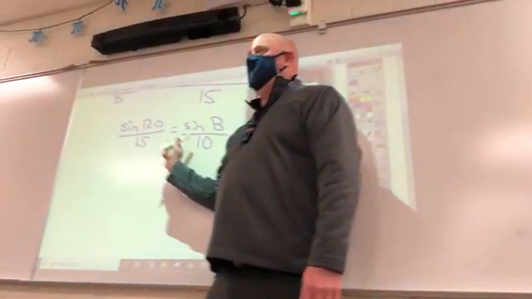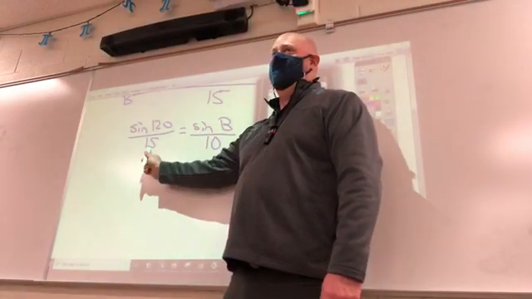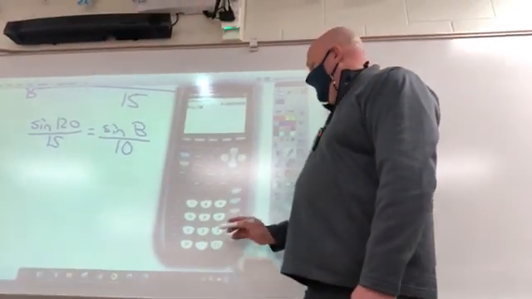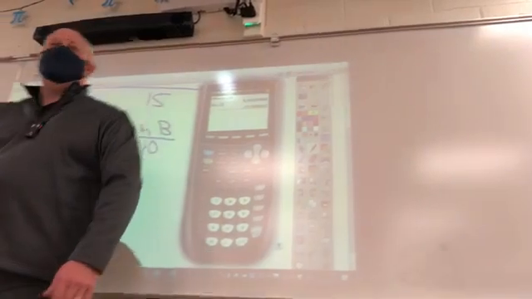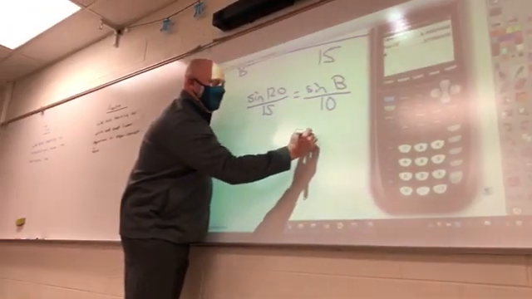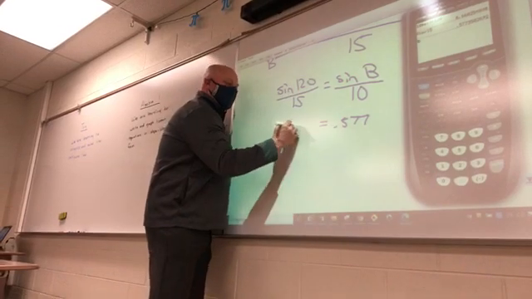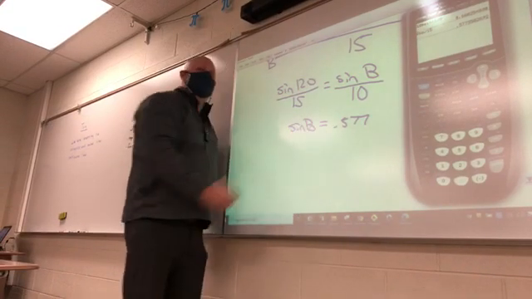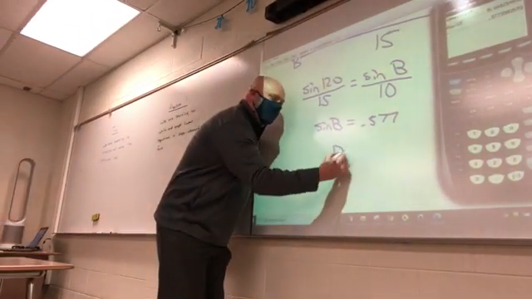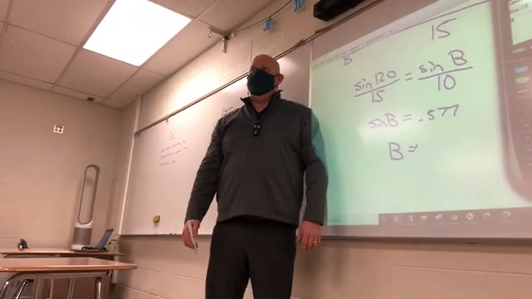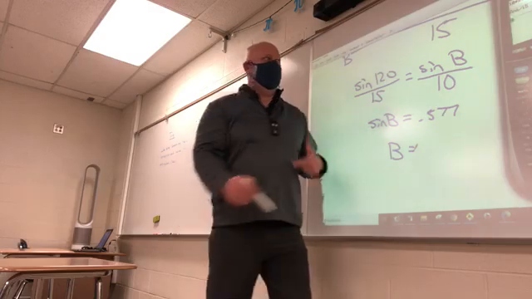I do this times this, divided by 15, and then I get to here. And basically, what does that 0.5773 equal? It equals the sine of B. I don't want the sine of B, I want B. How do you get rid of the sine? You take the inverse sine.